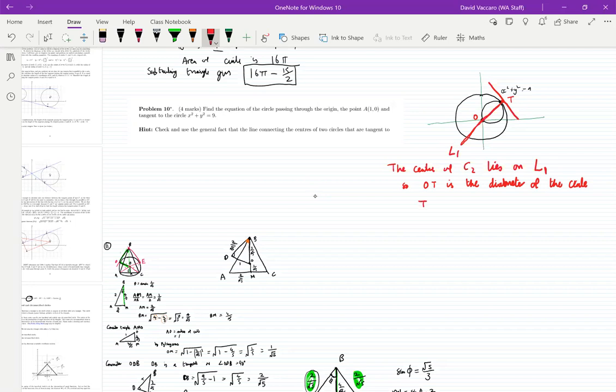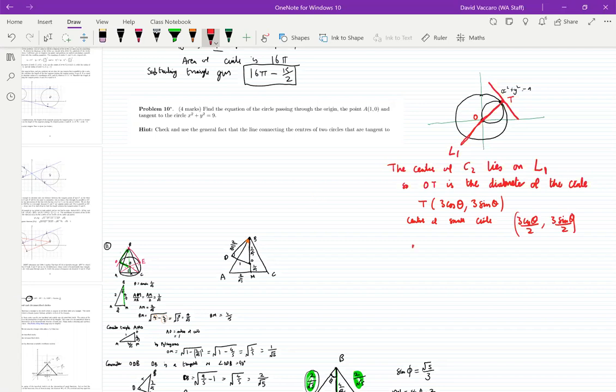Okay, so I can give T a name. I can say that T, the point of contact, is (3 cos theta, 3 sine theta). Why not? So the center of the small circle is (3 cos theta over 2, 3 sine theta over 2).